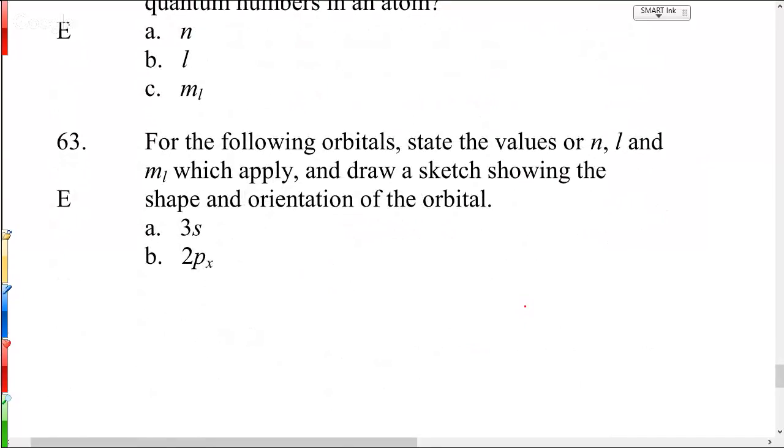So for the following orbitals, state the quantum numbers and make a sketch showing the shape and orientation of the orbital. So a 3s orbital: what are the 3 quantum numbers that it should be here? What should n be? 3.